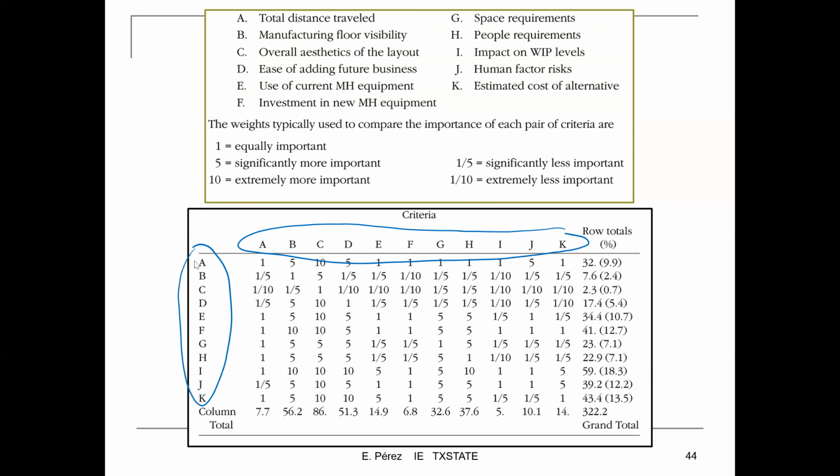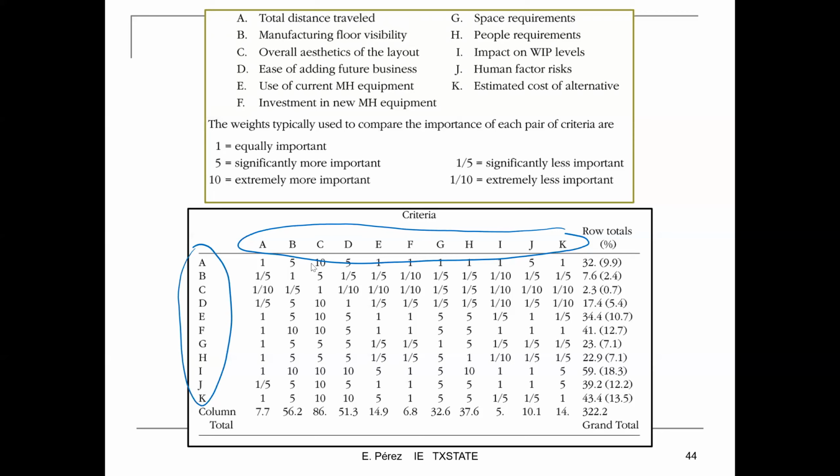So you start comparing, let's say A: they are equally important because they are the same. But if you compare A to B, then A might be significantly more important than B, so that's why we assign 5.